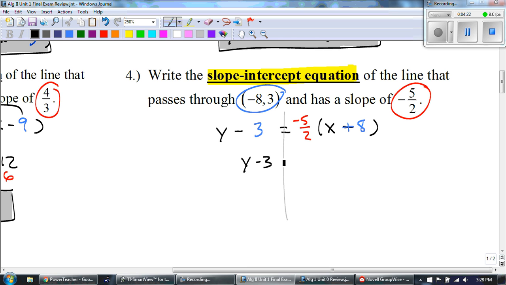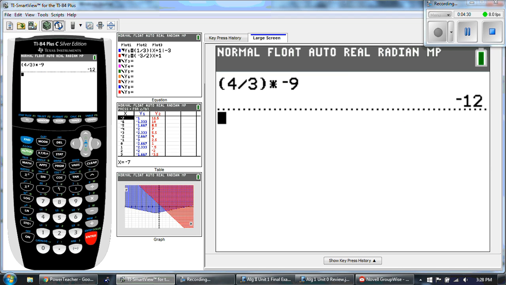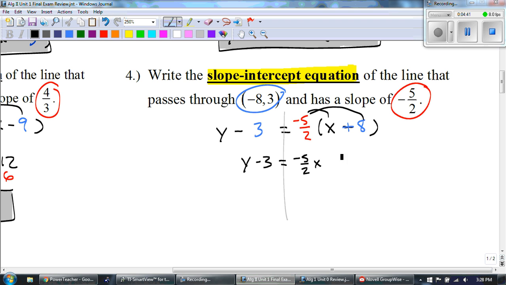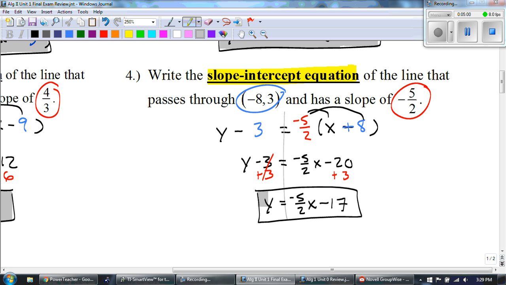So y minus 3 on the left side, I'm distributing the negative 5 over 2 times a positive 8, and we get negative 20. And then we get the y by itself. We add the 3 to both sides. And that turns into minus 17.